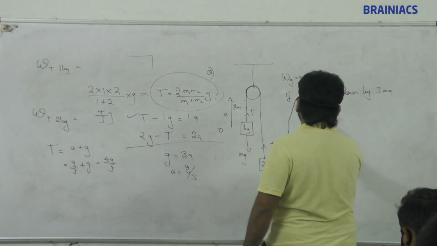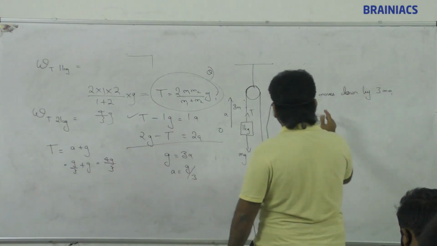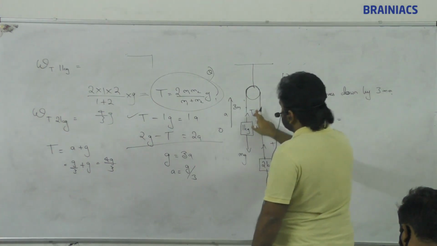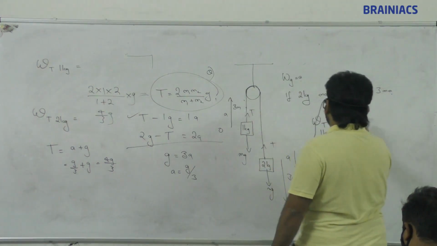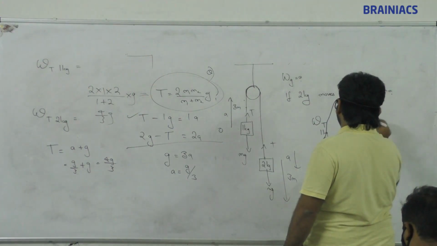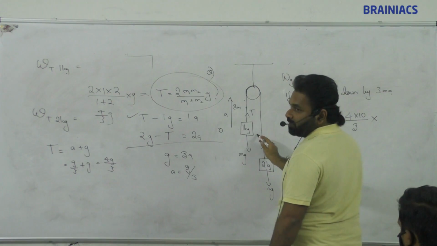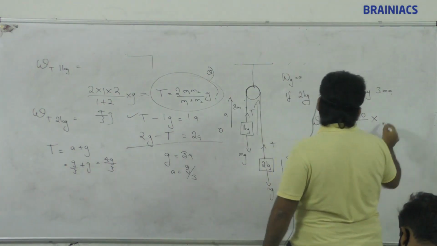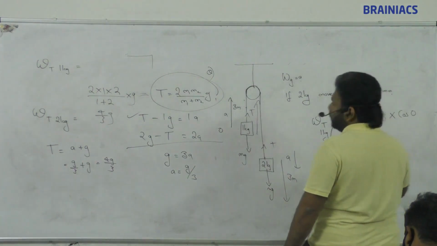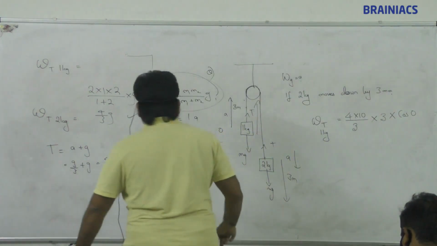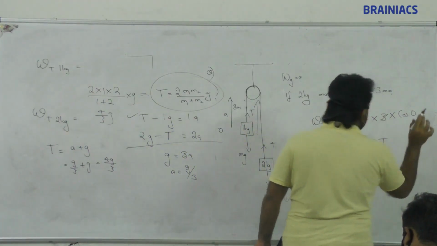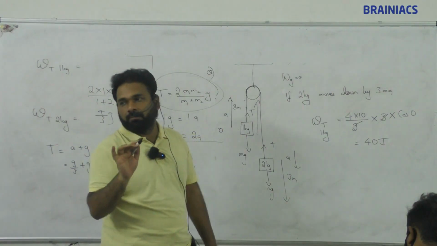Okay, done. Now work done by tension on 1 kg is equal to, this is the direction of tension. So 4g by 3 means 4 into 10 by 3, into displacement, which is in this direction, 3, cos 0. Correct? So 40 joule, done.